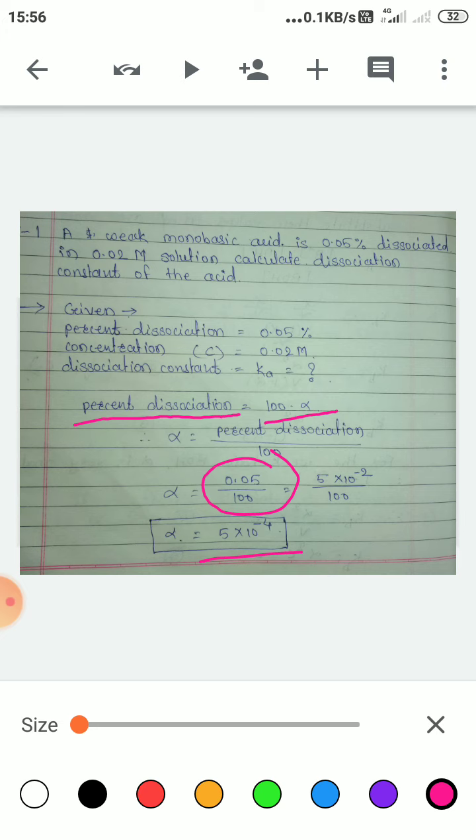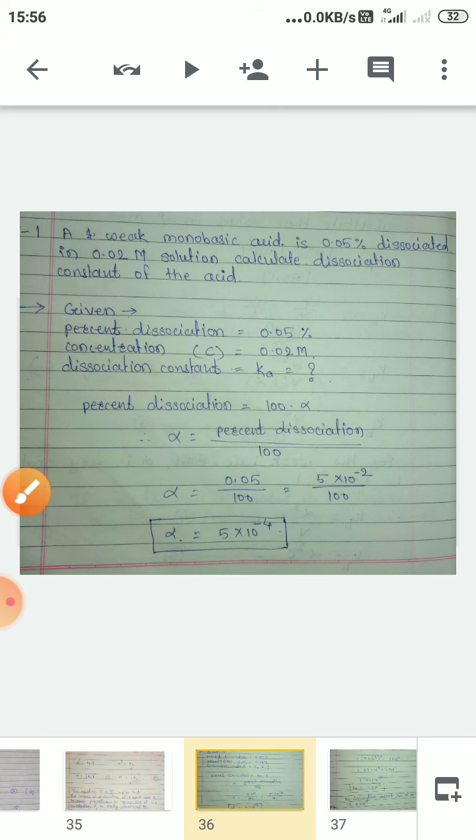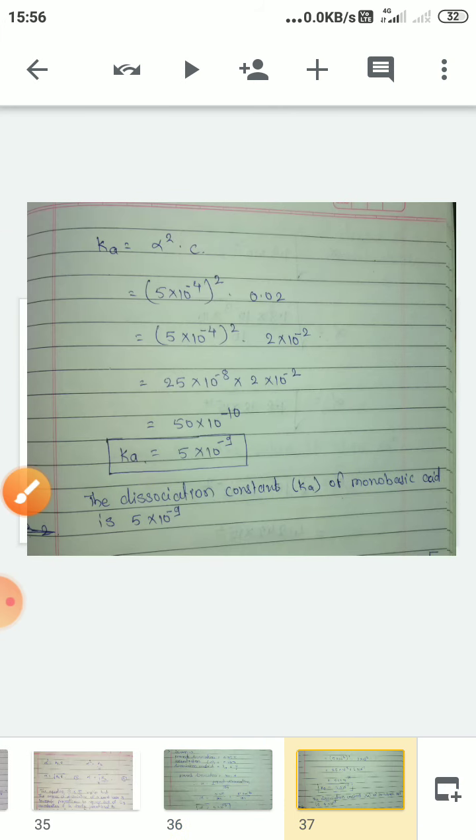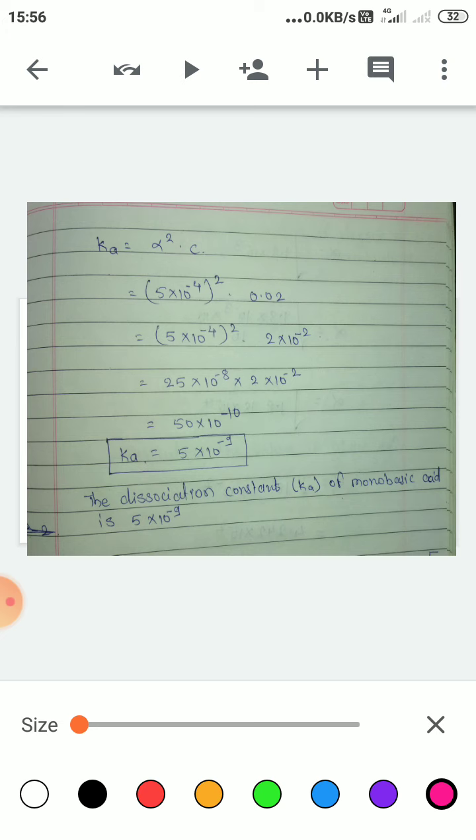And the question asks us to calculate the dissociation constant Ka. We have seen this formula in Ostwald dilution law: acid dissociation constant is equal to alpha square into C, where alpha is the degree of dissociation.